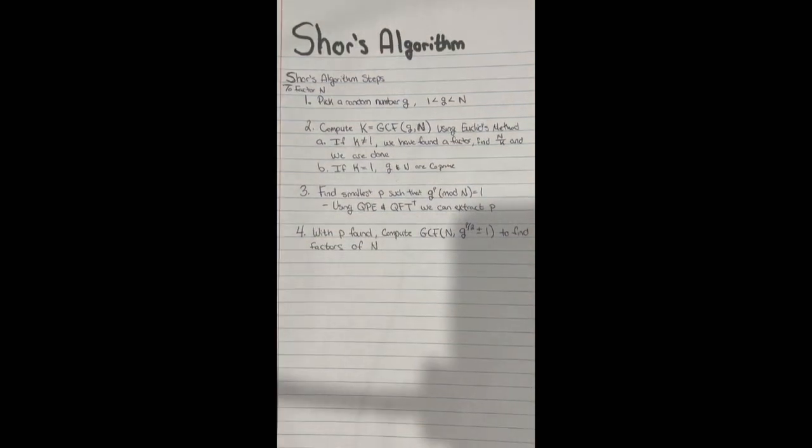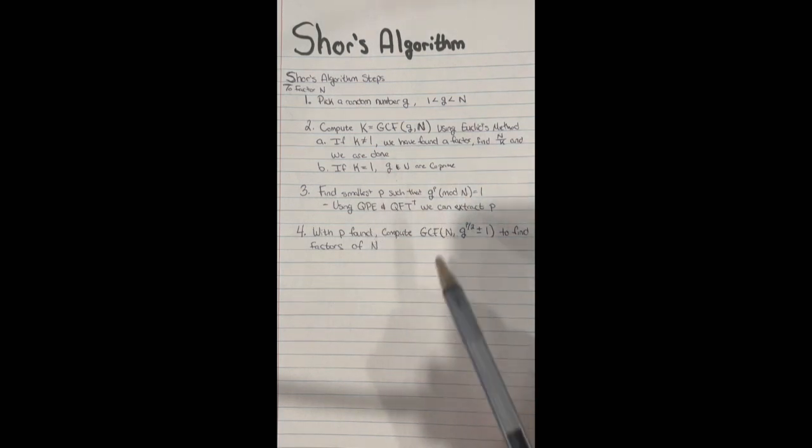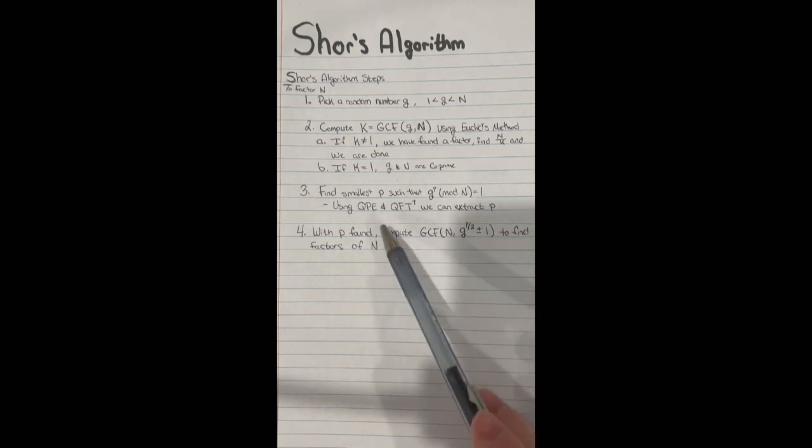One final thing to note is that in order to factor very large semi-prime numbers, it requires a large number of qubits. For a larger n, it will require more qubits to sufficiently carry out the quantum phase estimation to encode the information about p, and likewise to carry out the quantum Fourier transform, or the inverse of the quantum Fourier transform.